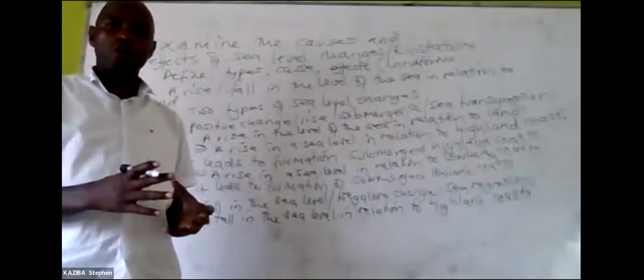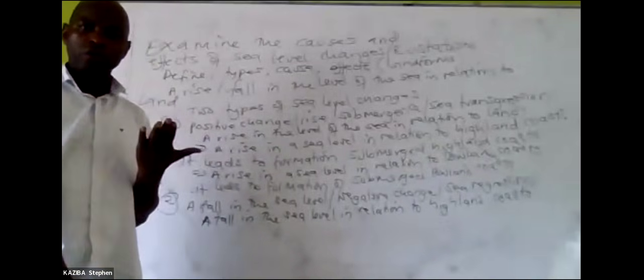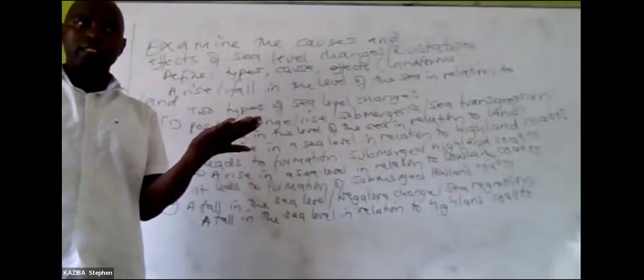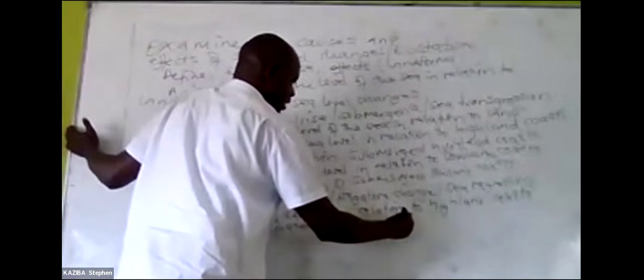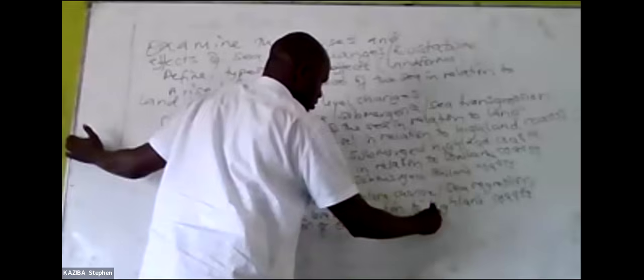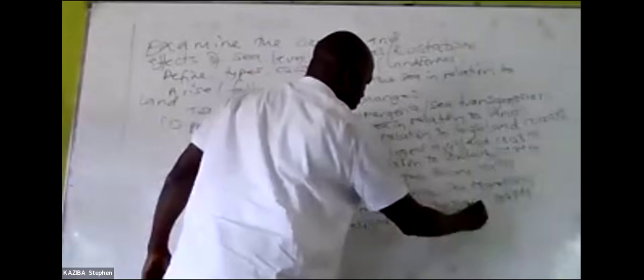Now when the sea level falls, what was covered emerges out. So it leads to formation of emerged highland coasts.